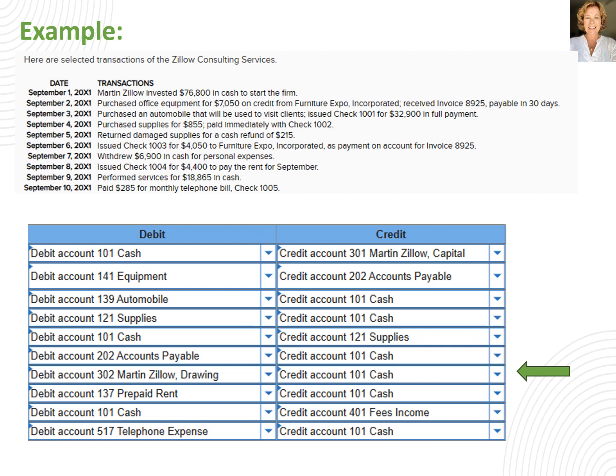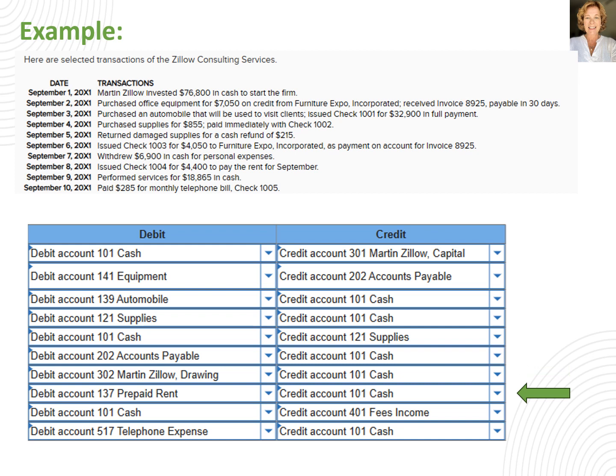Personal withdrawals, though, are tracked in a separate account from the initial capital that Martin contributed. We use the drawing account to track those withdrawals and will debit the account for $6,900. Now the company also has less cash. Cash is an asset and decreases with credits. Therefore, we have to credit cash.